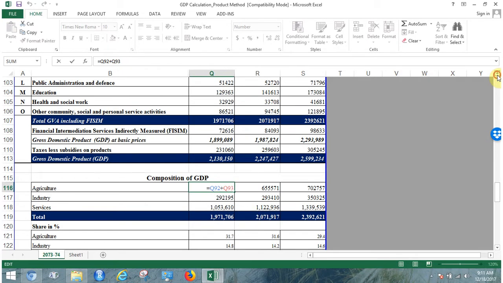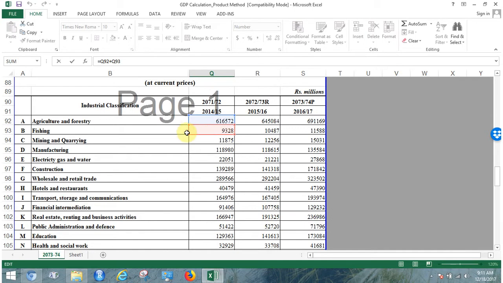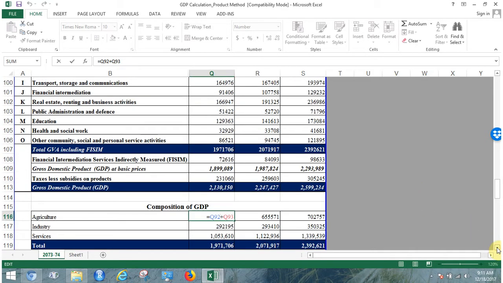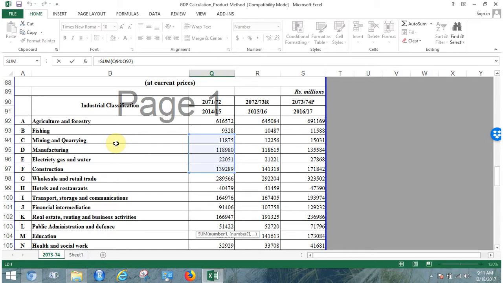The value added by the agriculture sector is simply the sum of value added of these two subsectors, agriculture and forestry, and fishing. This sum comes out to be 625 billion. The value added by the industrial sector is the sum of four subsectors: mining and quarrying, manufacturing, electricity, gas and water, and construction.